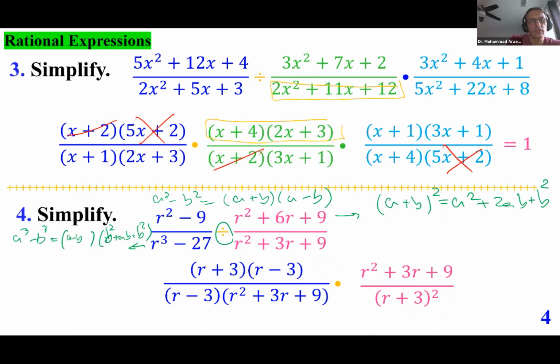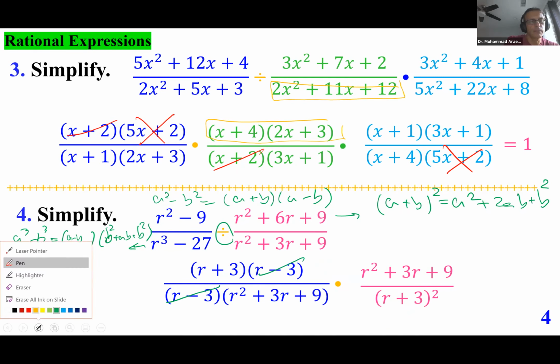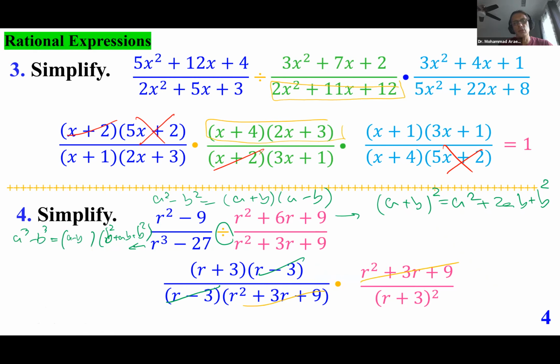Notice we can drop those two. These two are identical, we can drop them. Finally, I can drop this and replace it with 1, and I can drop the exponent. Here's the final answer.